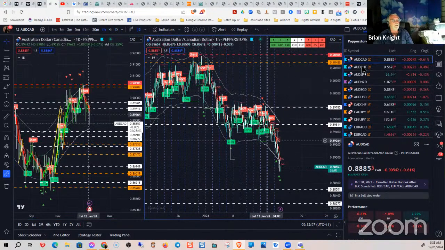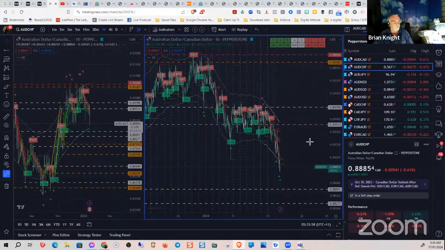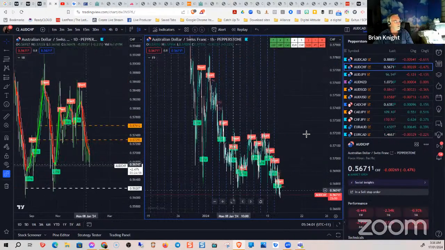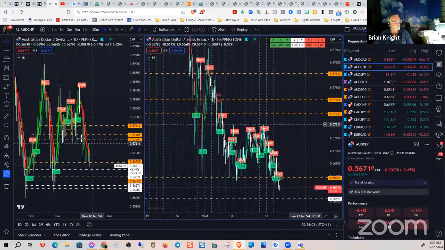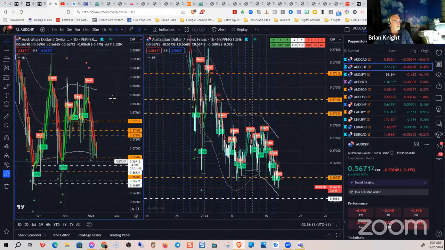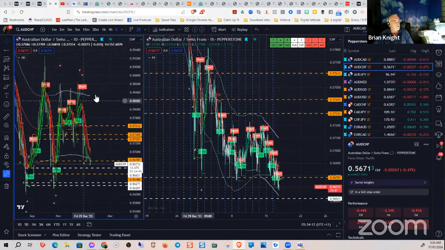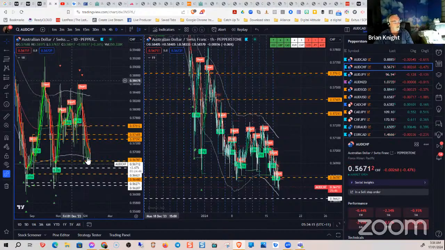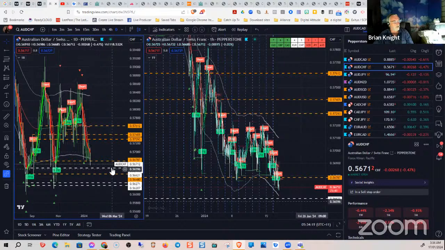That's AUD CAD. CHF, same. It has come out in broken structure. Really, this is sort of late to the party. It's now at the other side of the channel on the daily, so probably not the best time to be looking at a sell.